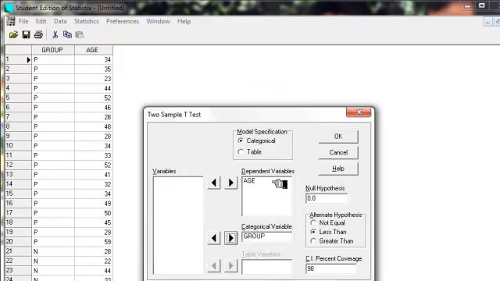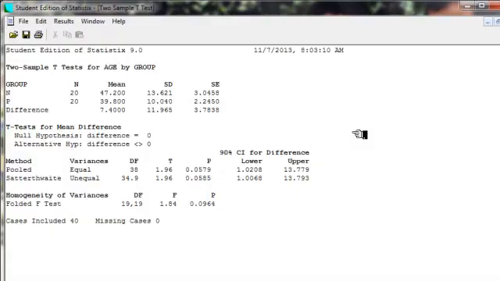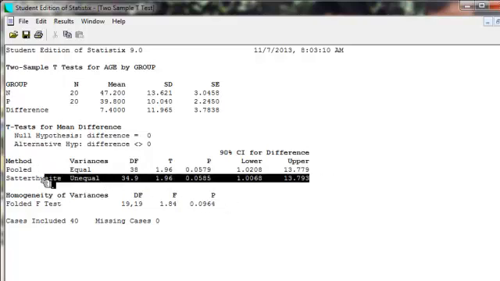And if I remember correctly, we're doing a not equal to test, and I think we wanted a 90% confidence interval. I believe that is correct. And there's our printout. And because of this p-value, we ended up using the unequal row in this case.